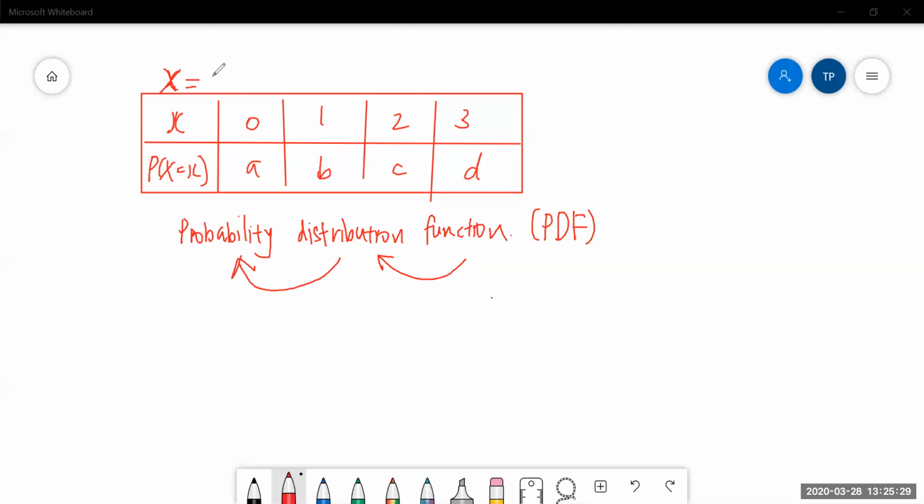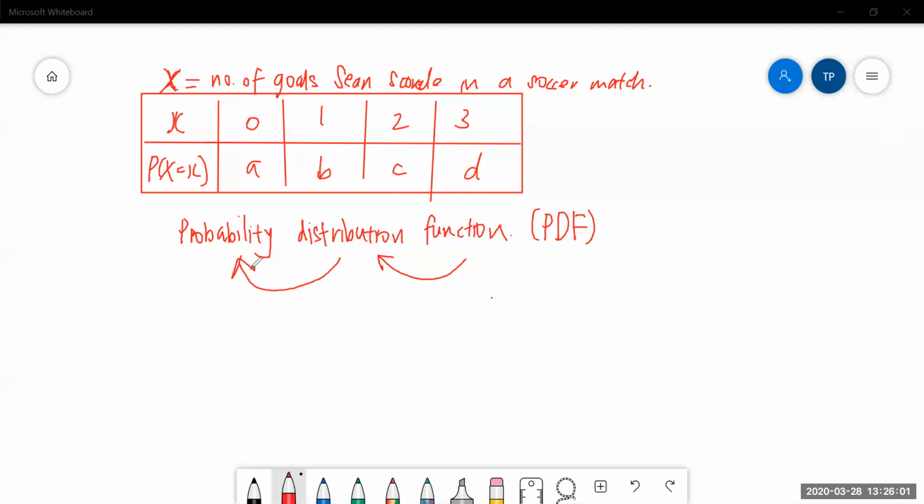So let's say x is the number of goals Sean scored in a soccer match. So the probability of him scoring 0 goals in a soccer match is A. The probability of him scoring one goal in a soccer match is B, and so on and so forth.